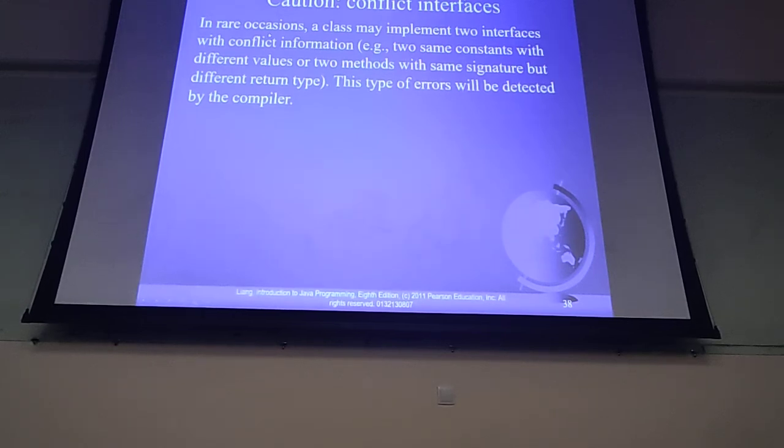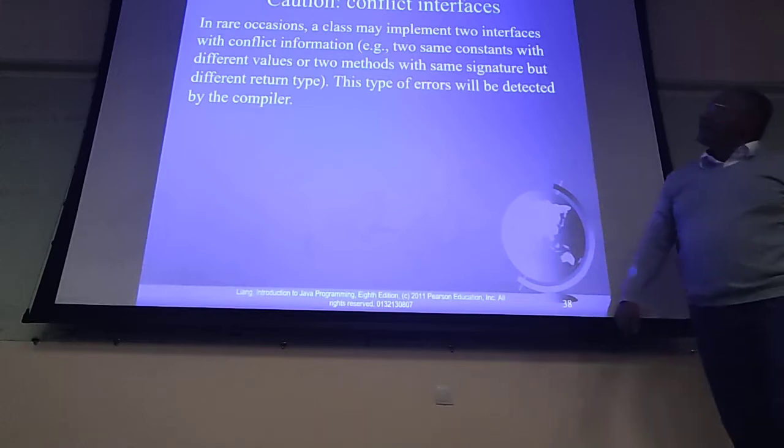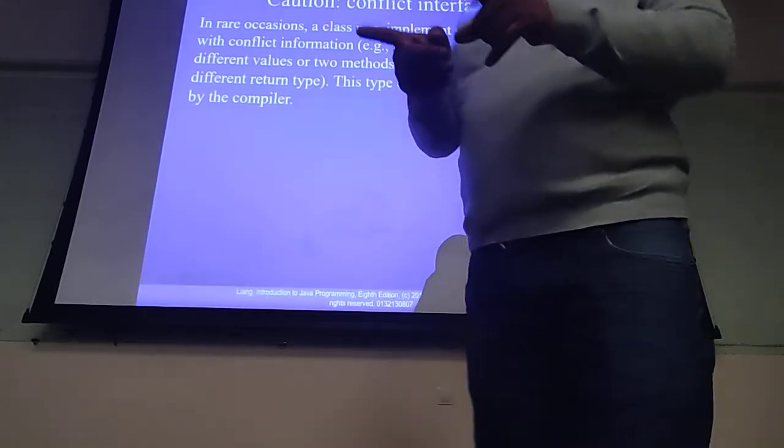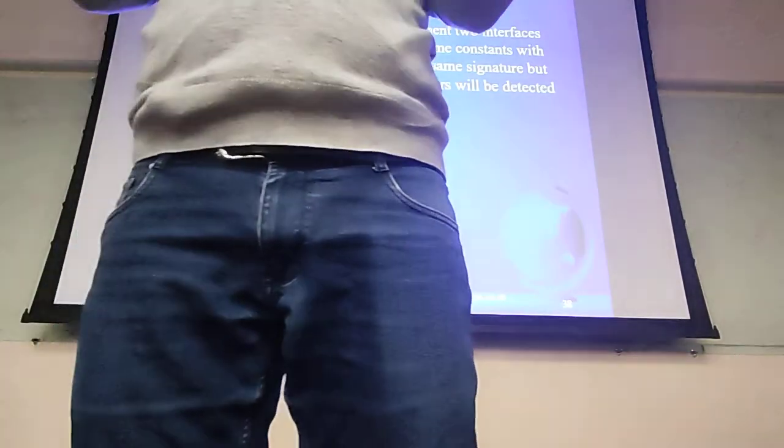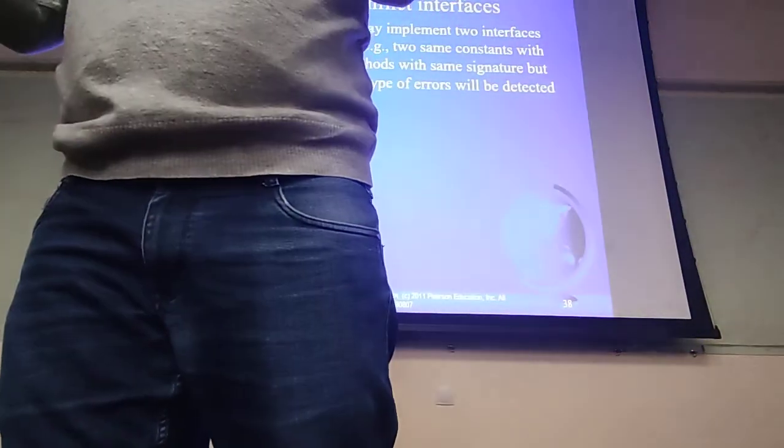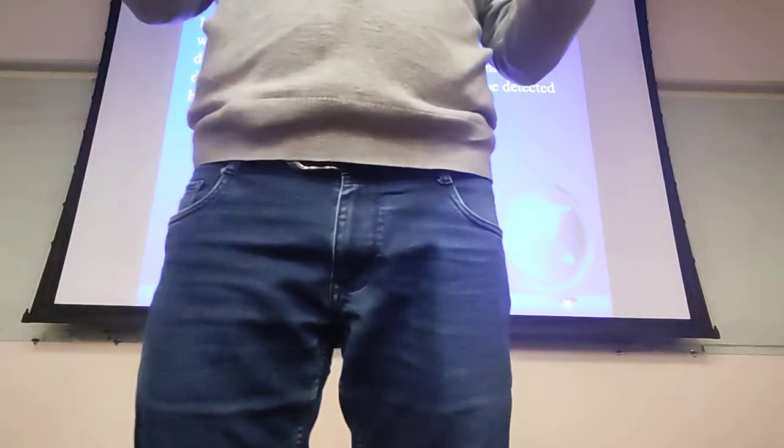In rare occasions, a class may implement two interfaces with conflicting information. What do you mean by this? Two interfaces may have similar data fields and similar methods, then confusion.